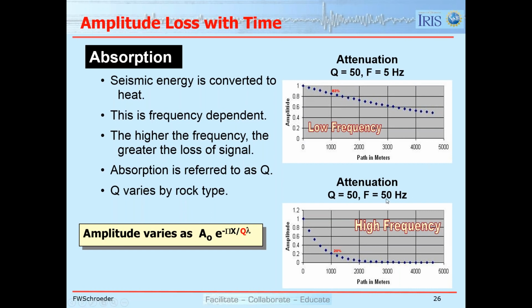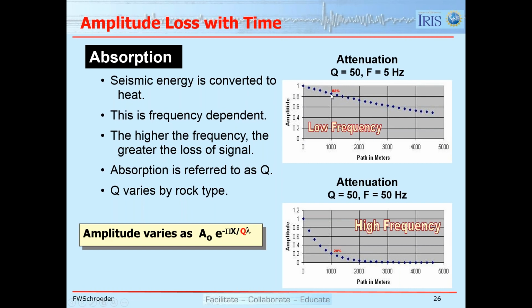If we're at a higher frequency, say 50, this is the attenuation. So as a point of reference, I've marked where it's 1,000 meters of path. So the high frequency, after 1,000 meters, we've lost 80%, we're down to 20%. But at 5 hertz frequency, we've only lost 17%. Our amplitudes remain 83% of the original.